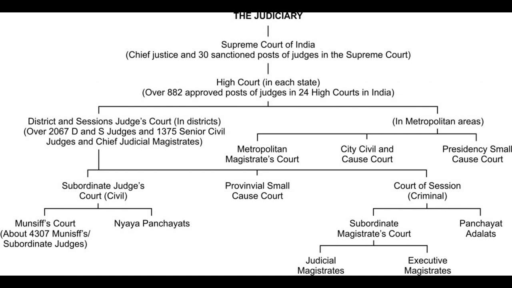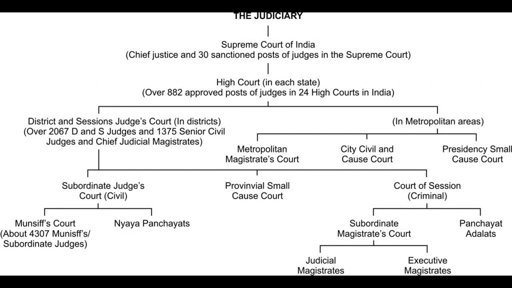The Supreme Court is the final appellate court in the country. As regards appellate jurisdiction, the Supreme Court hears appeals against the decisions of the High Court in civil, criminal and constitutional cases, with a certificate from the High Court that it is fit to appeal to the Supreme Court.